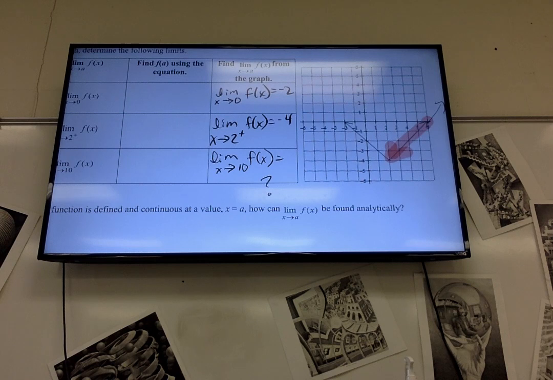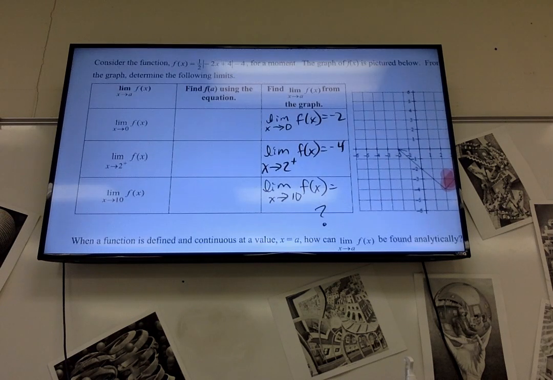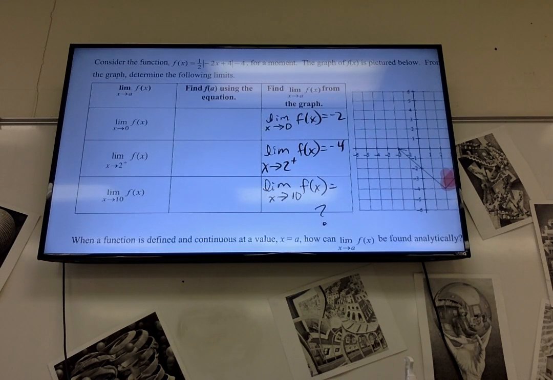Okay. Now we're going to find f of a. So what that means is for each one of these numbers, I'm going to plug that in to this equation. So f of 0. Plug that in. You got -2?